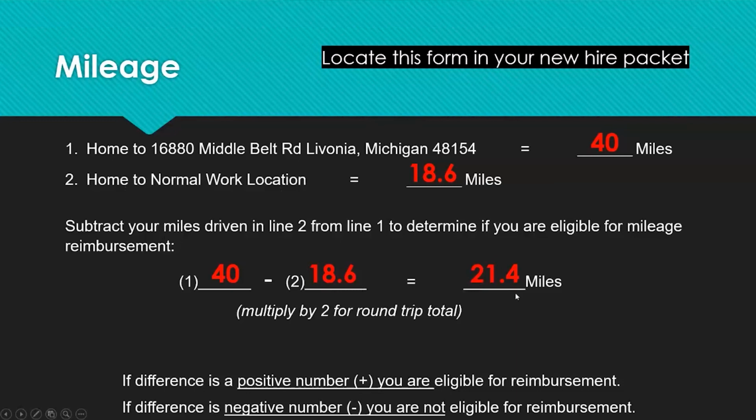So feel free to use the form that you have in your packet to see if you were eligible or not. If the difference is a positive number, you are eligible for reimbursement. If the number is a negative, then you are not eligible for reimbursement.